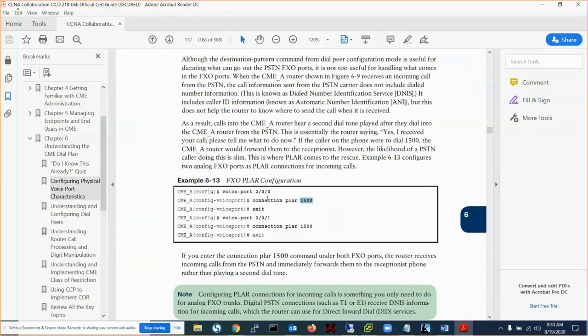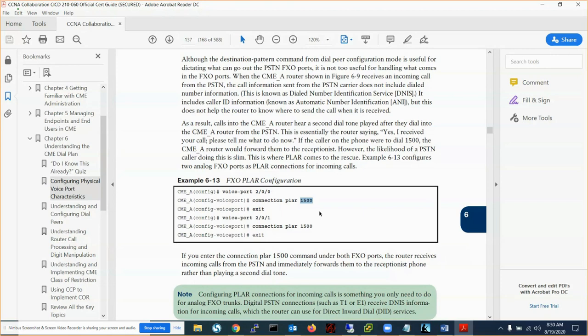Let me say it's a small business with just two analog phone lines coming into the company. All you have to do is put this command under the two analog ports coming in from the PSTN, and you put connection PLAR 1500. So as the person calls the pilot number, CME will automatically send that to 1500, which is the receptionist.